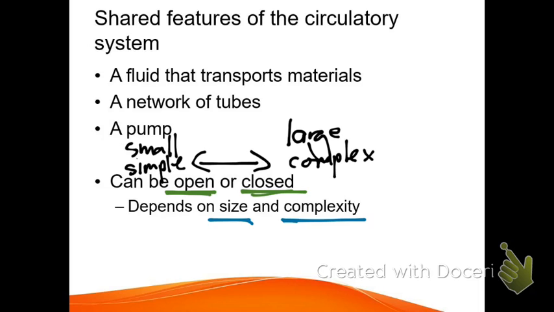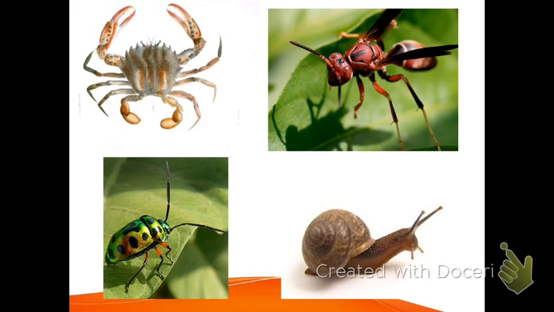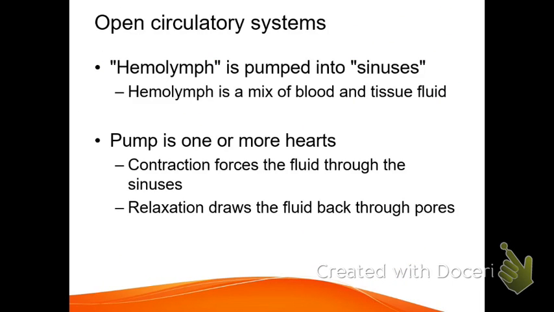There are, of course, always exceptions. So these guys, crabs, wasps, snails, these all have open circulatory systems. What that means? Well, first of all, what's being pumped, the fluid, is hemolymph.